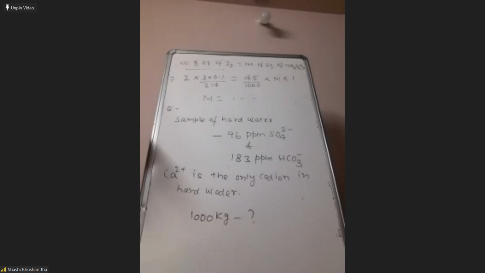Now, the second part of the question. If 1000 kg of this water is reacted with the amount of calcium oxide calculated above, then what will be the concentration of residual calcium ions in ppm?